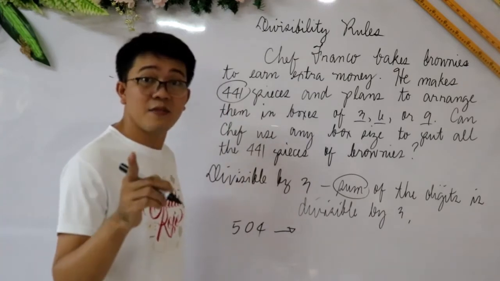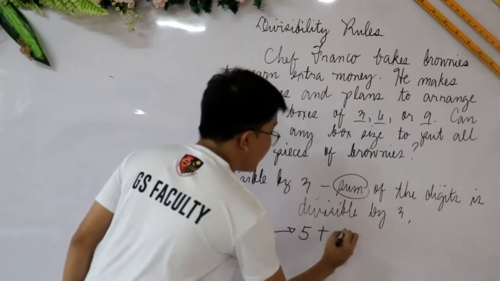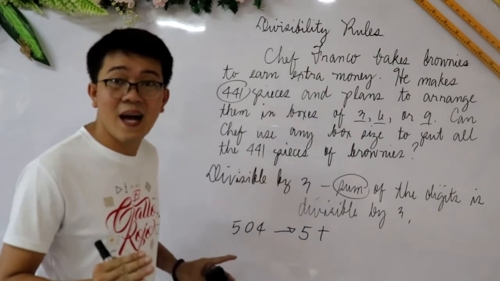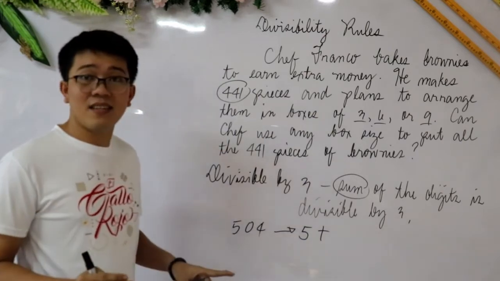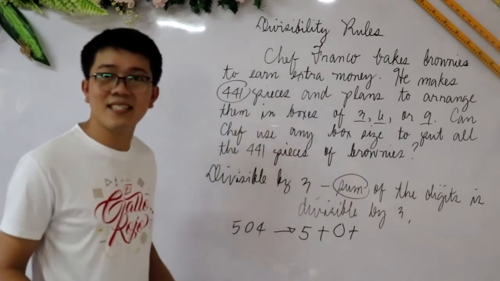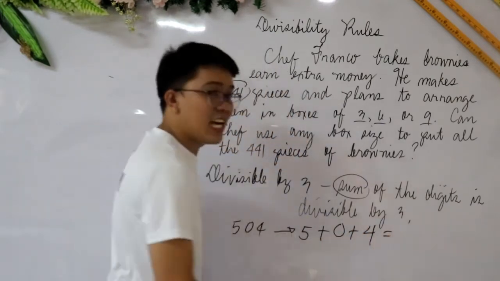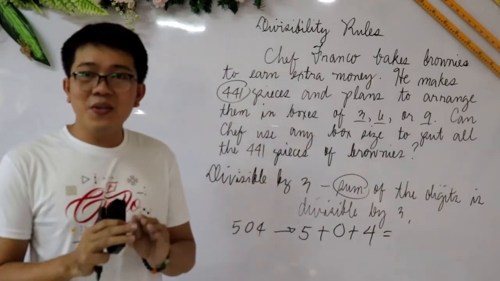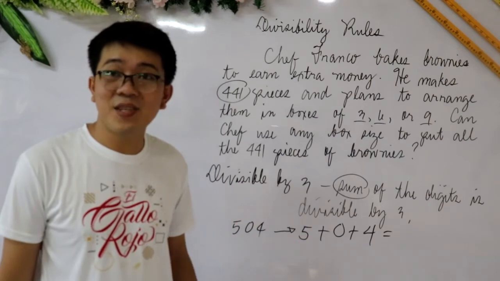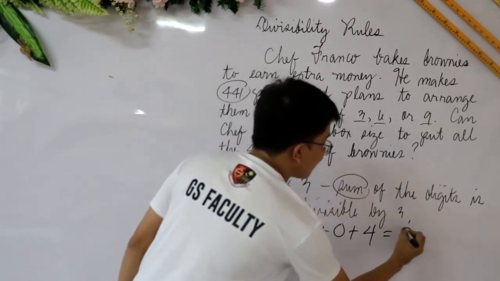First digit from the left is 5. Plus, we have to use the plus sign because we're getting the sum here. Next digit, 0. And the last digit is 4. Now, by using mental computation, what do you think is 5 plus 0 plus 4? Definitely it's 9.